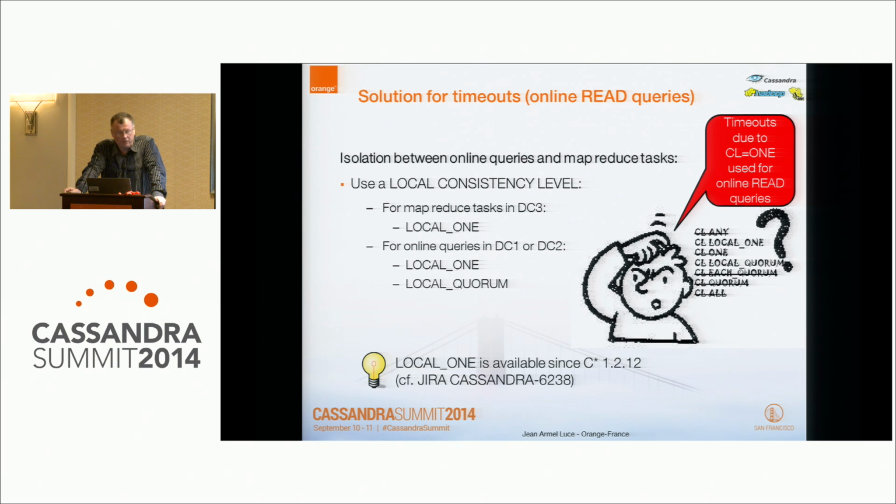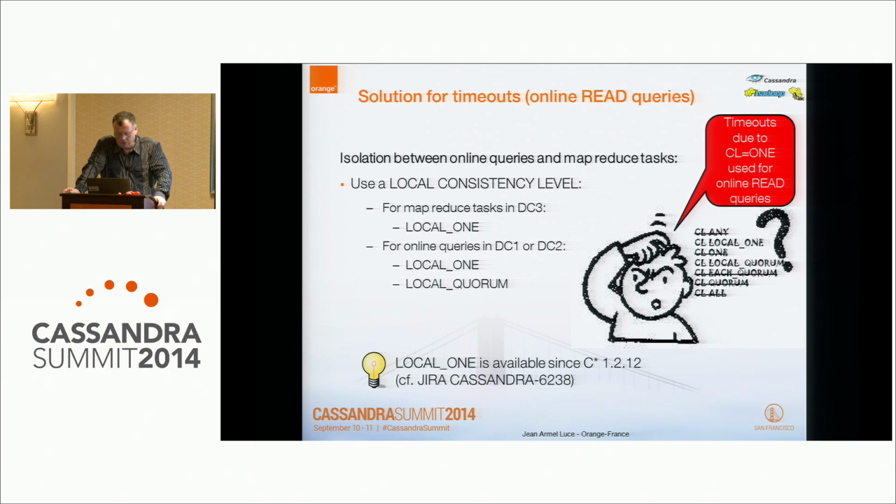At first, we use the consistency level local 1 for the MapReduce tasks. So now we are sure that the MapReduce tasks are executed only in the third data center, and the queries are never sent to data center 1 or data center 2.